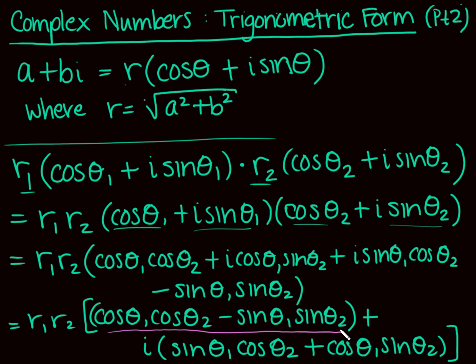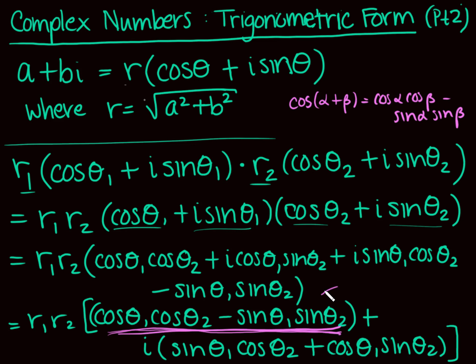If you remember, the cosine of alpha plus beta was cosine alpha, cosine beta, and then the opposite sign, minus sine alpha, sine beta. This is the sum formula for cosine. So this whole thing right here becomes the cosine of theta 1 plus theta 2.